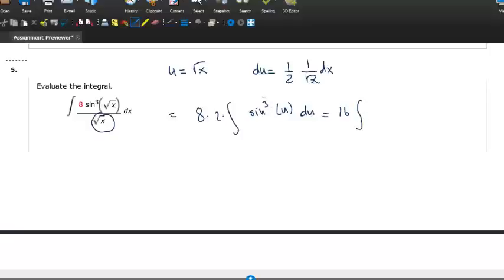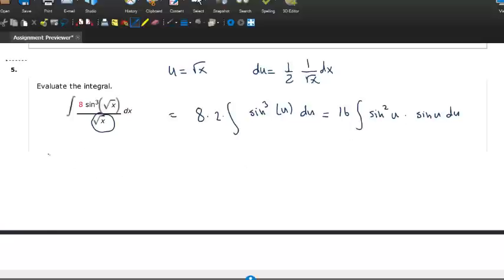And here, note that sine has an odd power, so I can split one of the powers, and I can write this as sine square of u times sine u du. And after that, I have to do another u substitution.